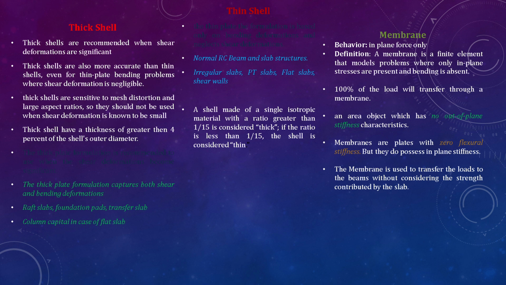Okay, and thick cells are recommended when shear deformation is significant. That means where the shear deformation is predominant. Okay, and thick cells are also more accurate than thin cells, even for thin plate bending problems.